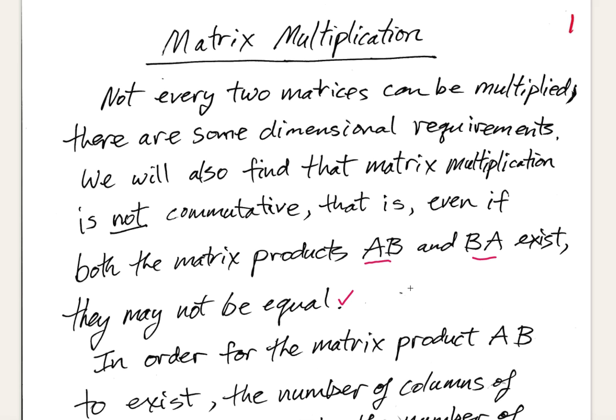Now you remember the commutative property from regular real numbers here. A times B is equal to B times A. Now sometimes that's going to be true when you multiply matrices, but sometimes it's not going to be true. And in many cases, as we're going to see, even if one product is defined, the other may not be. But even if they're both defined, they may still give different results.